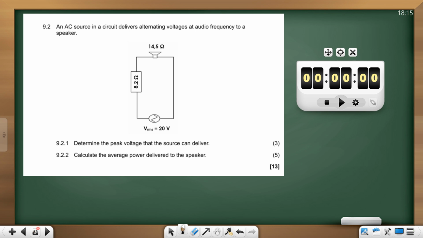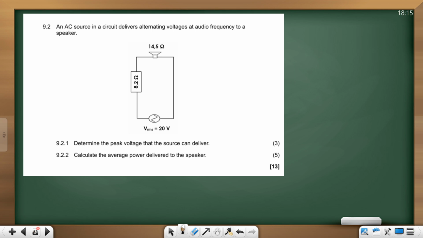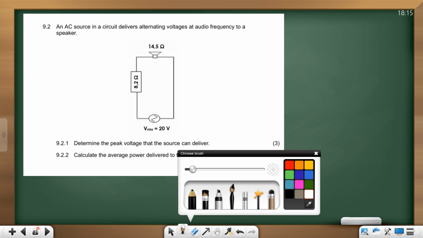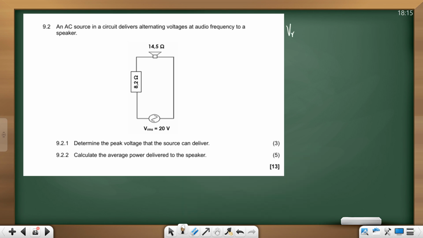Determine the peak voltage. I think that one is straightforward. What's your answer? Peak voltage, what do we know? VRMS, right? What's the formula? VRMS equals Vmax over what? And by the way, do we know where to read VRMS from if they give you a graph?